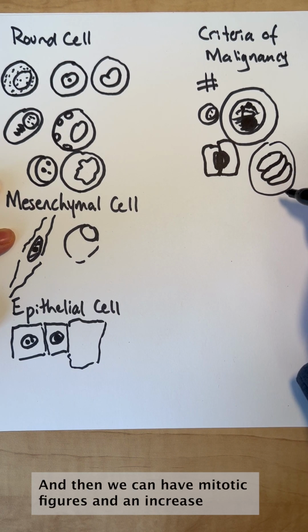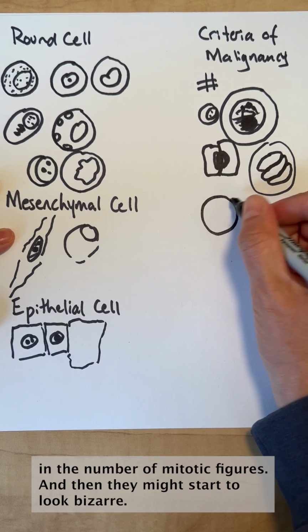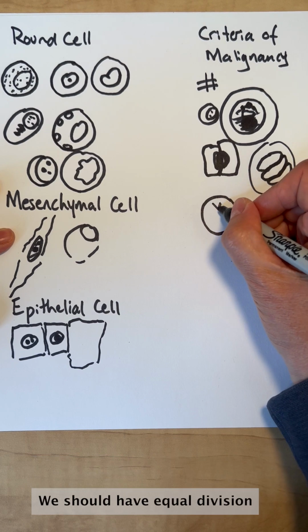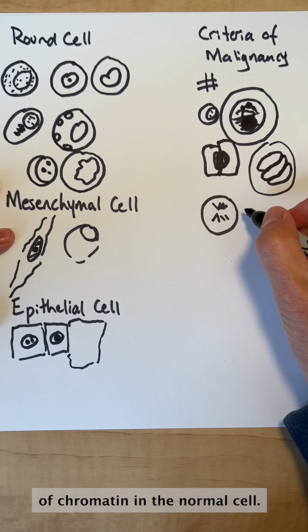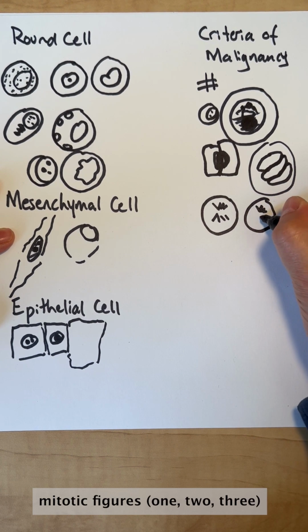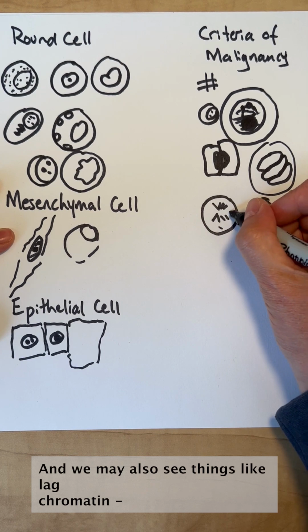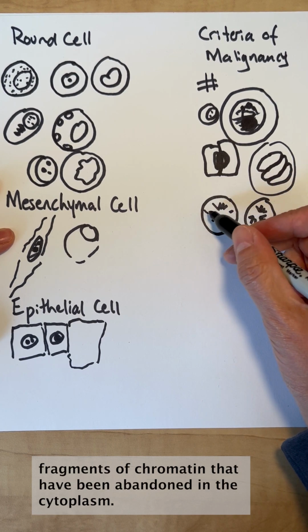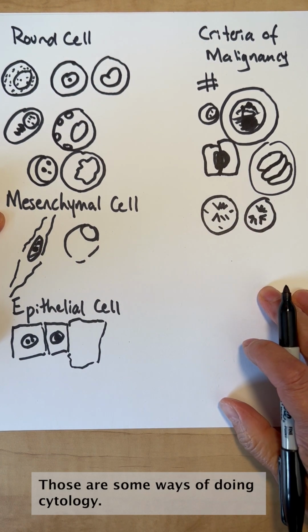And then we can have mitotic figures, an increase in the number of mitotic figures, and then they might start to look bizarre, like we should have equal division of chromatin in the normal cell, but if we start to see tripolar mitotic figures, 1, 2, 3, that would imply unequal division of the chromatin into daughter cells. And we may also see things like lag chromatin, fragments of chromatin that have been abandoned in the cytoplasm. Those are some ways of doing cytology.